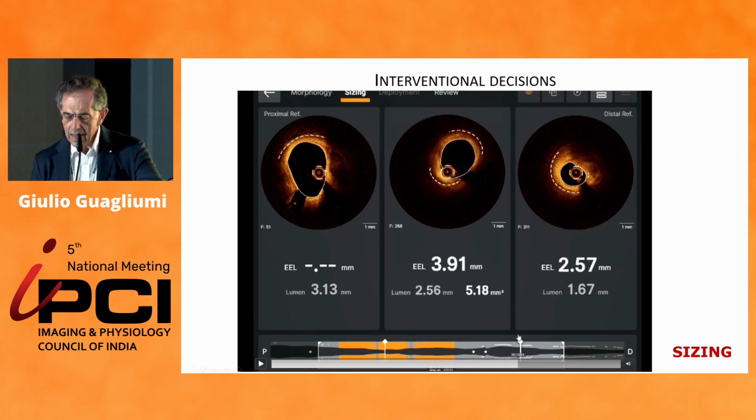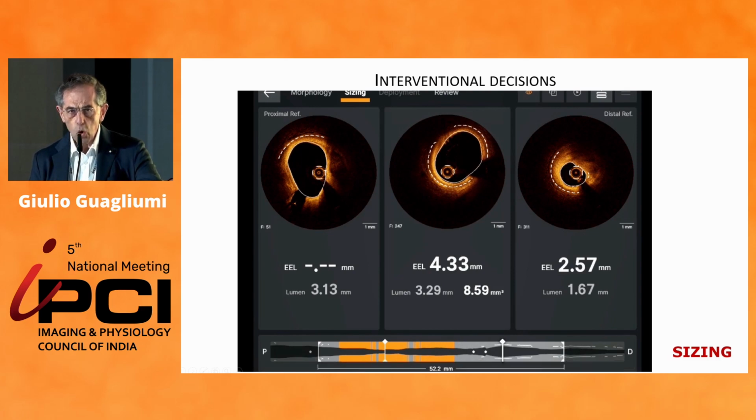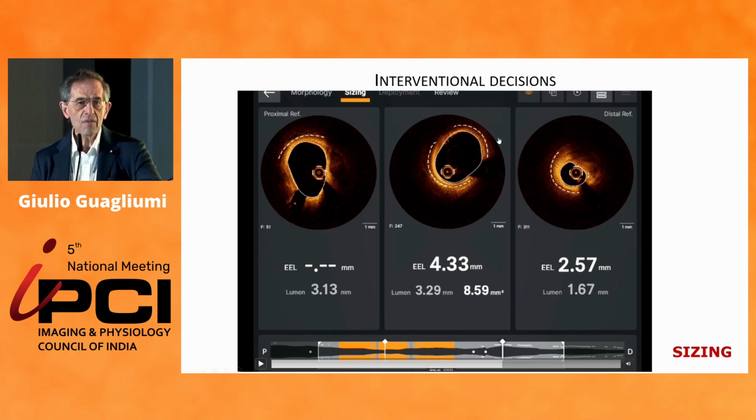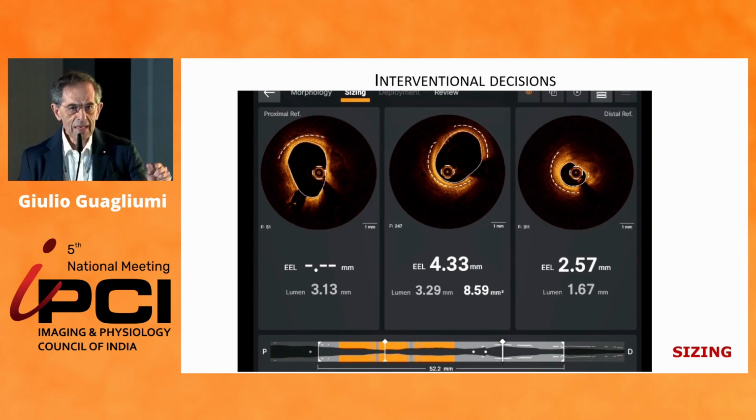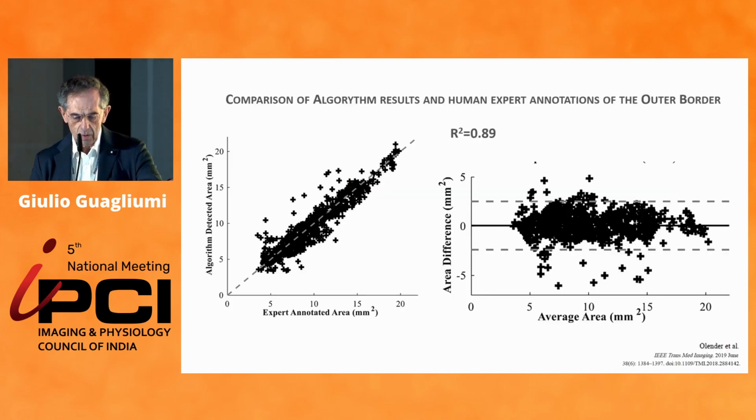But then AI can give you the additional number automatically, expressed by this tiny white line, when you have enough EEL to be measured. And you can immediately go and compare the lumen and the EEL, because the two measurements are important. The EEL is the extreme value that eventually you can reach. And you might have it automatically done exactly at the end of the pullback.